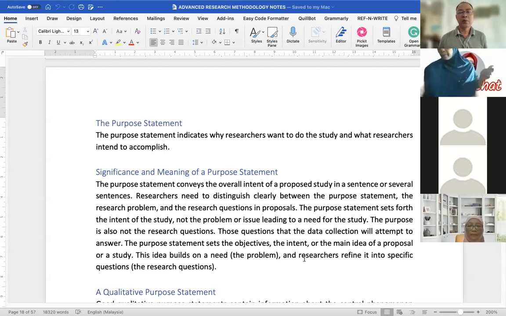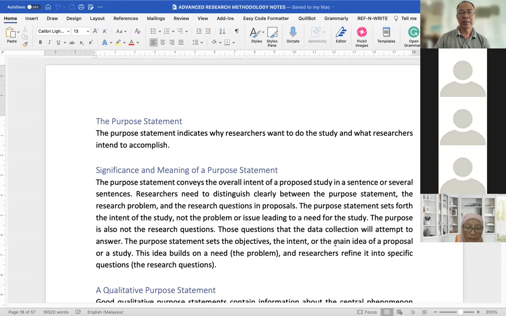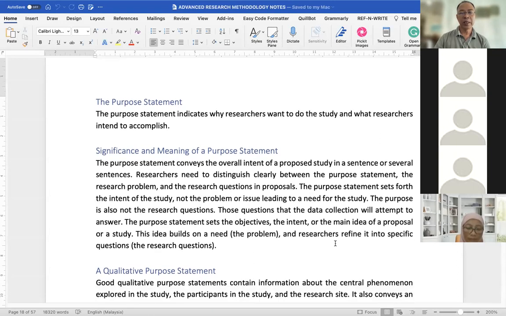The research questions and the research purposes usually mirror each other. The purpose statement sets the objective, the intent, or the main idea. That is the general objective, and then we have specific objectives.